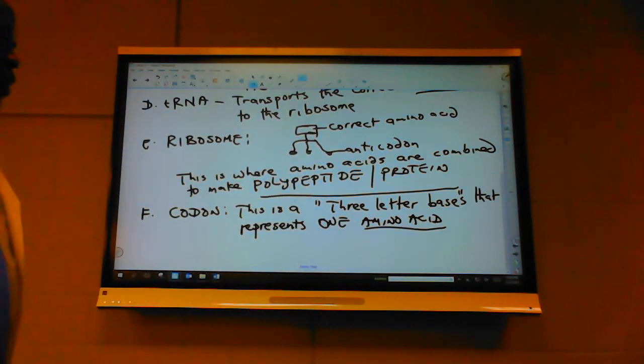Okay? These are 3-letter bases that represent one amino acid.